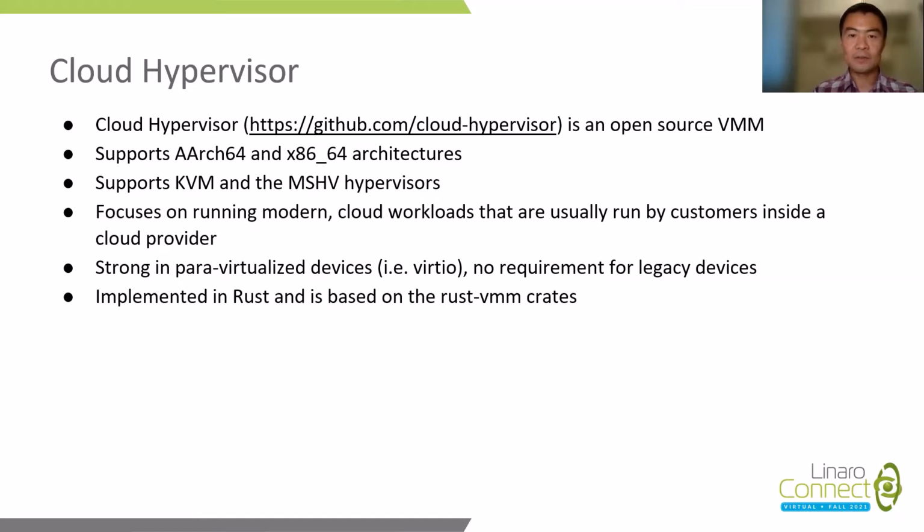As the project focuses only on running the workloads in data centers, Cloud Hypervisor is strong in high-level virtualized devices, but pays little attention to simulating legacy devices. Cloud Hypervisor is implemented in the Rust language and is based on rust-vmm components.